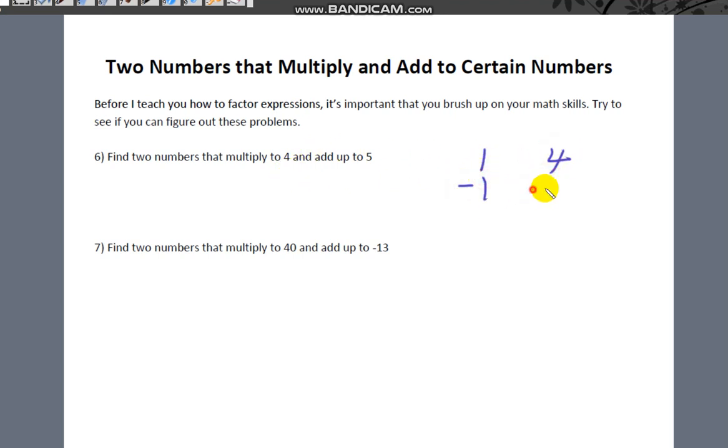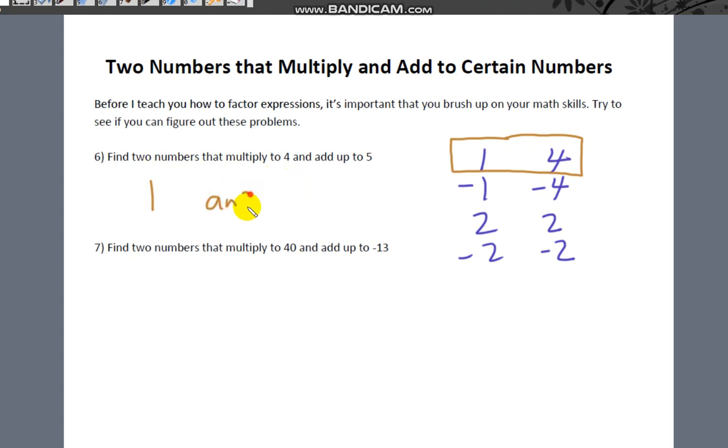Negative 1 times negative 4 is 4. 2 times 2 is 4. Negative 2 times negative 2 is 4. You're trying to look for the two numbers that multiply to 4 and add up to 5. So that would be 1 and 4.